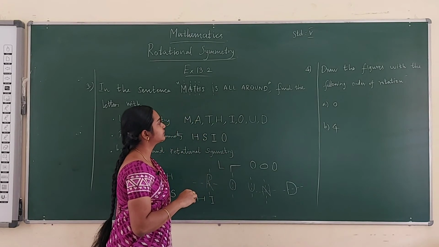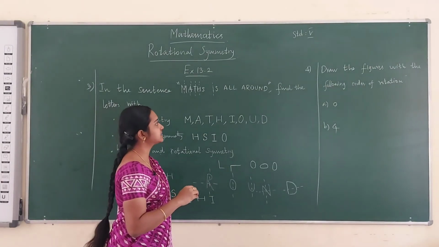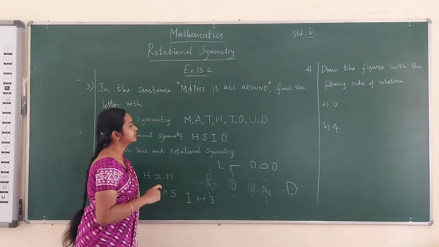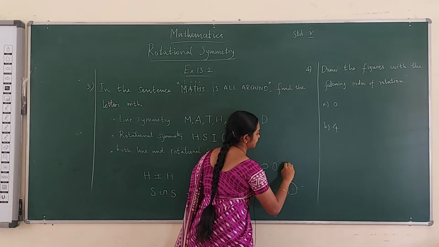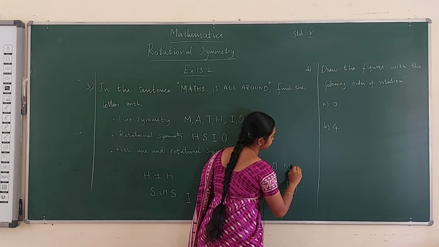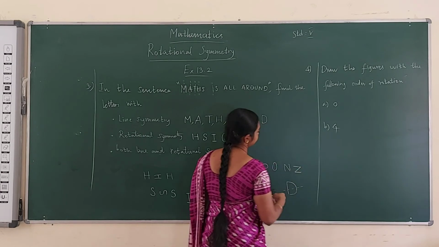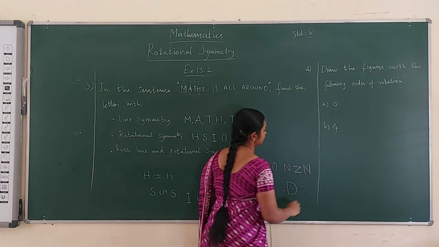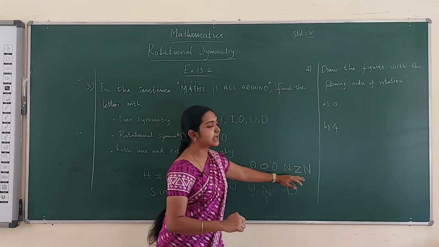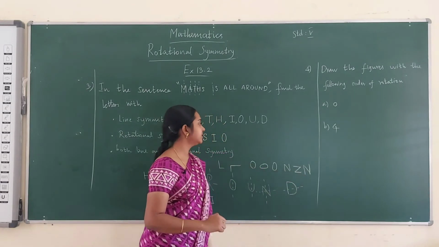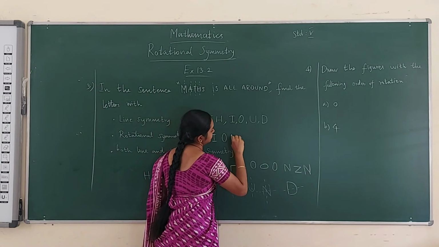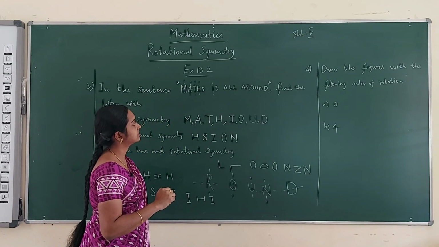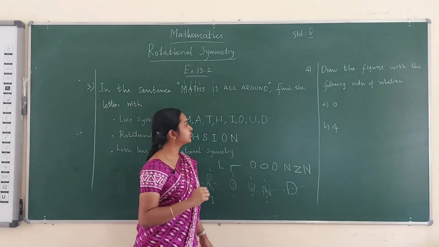Next U. U won't be having rotational symmetry. N. Rotate N. Again rotate N. So N is having rotational symmetry. Next D. D won't be having rotational symmetry.